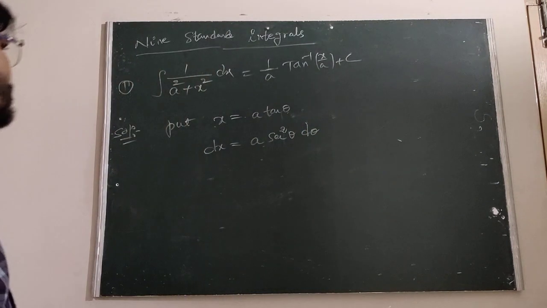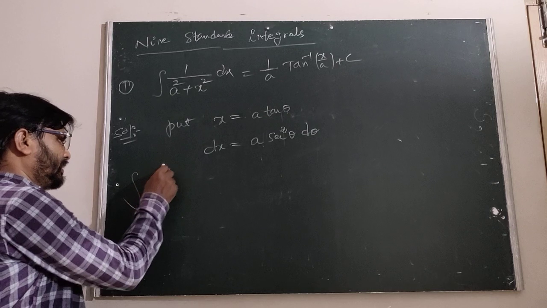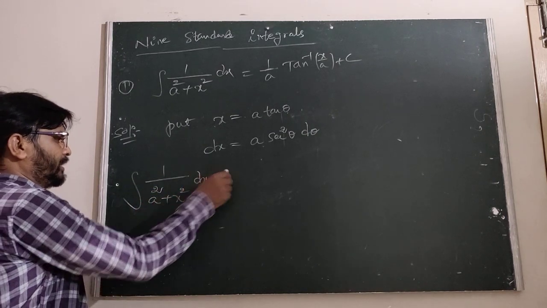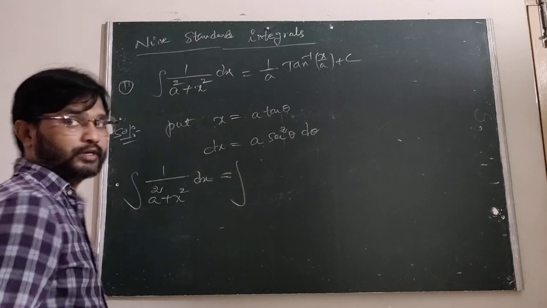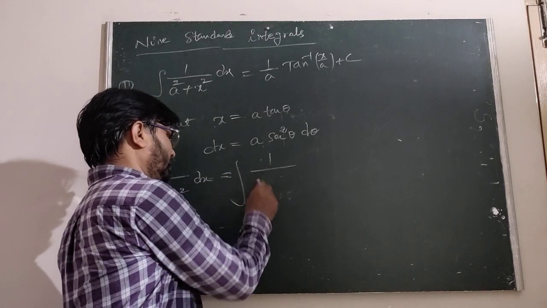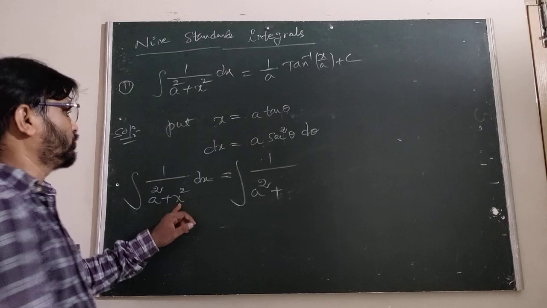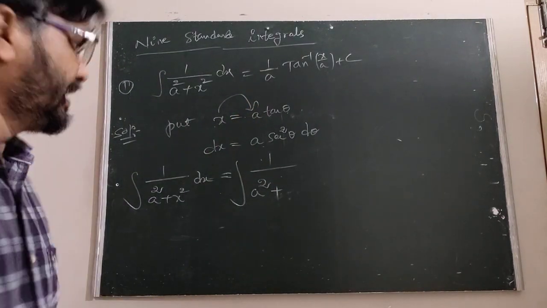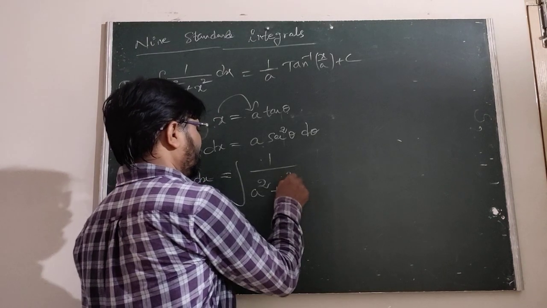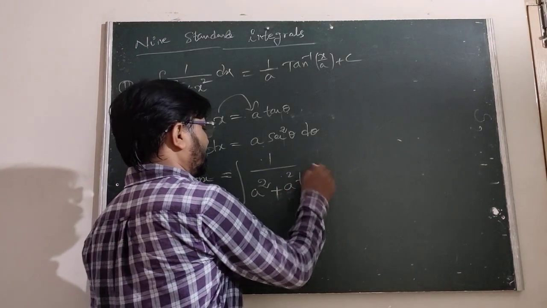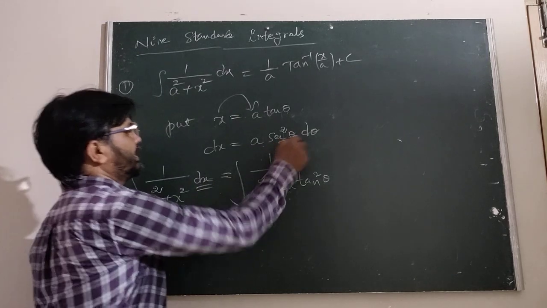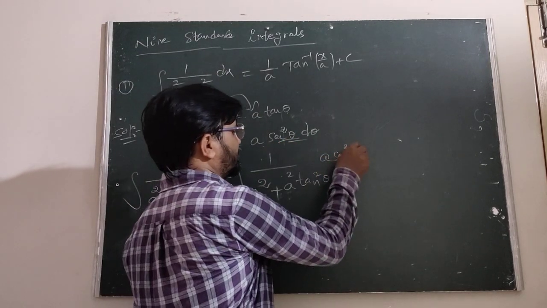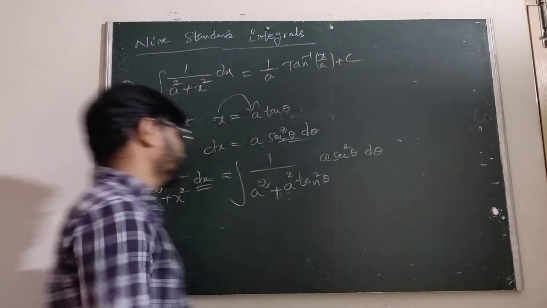Now substitute all these in the given integral, 1 by a square plus x square into dx. That is the integral of 1 upon a square plus x square, where x square is a square tan square theta, and dx is a secant square theta d theta.